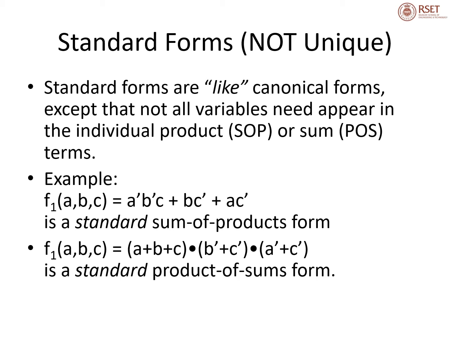So this is a standard sum of product form. Similarly, you can have a standard product of sum form. There you could see that in the first term you have all three variables, the second term has the variable a missing, and the last term has the variable b missing. This format is known as the standard sum of product or standard product of sum form, where you don't have all the variables appearing in each term of the sum of products and product of sums.